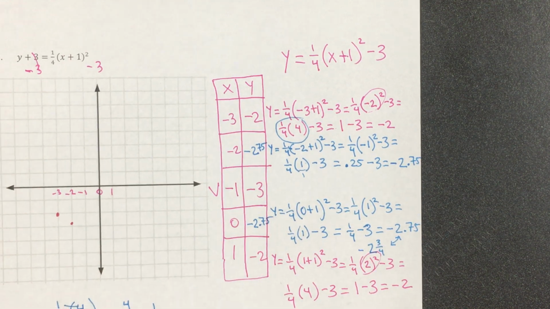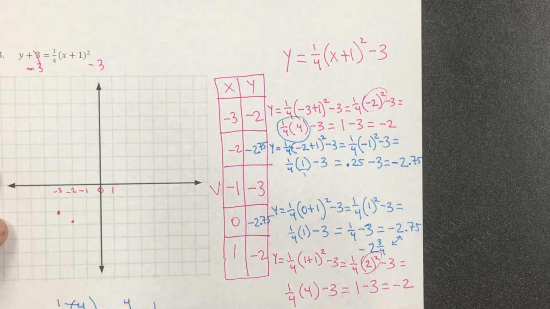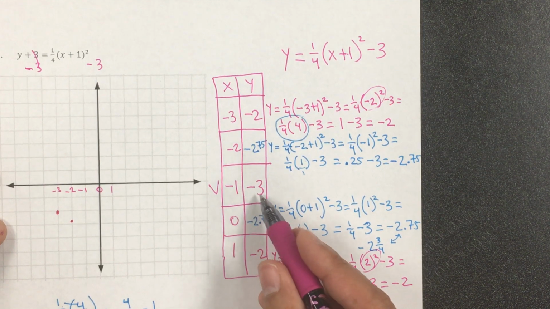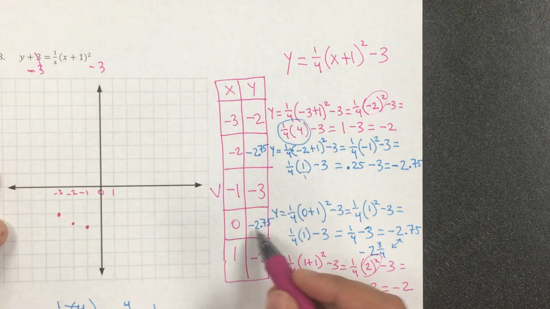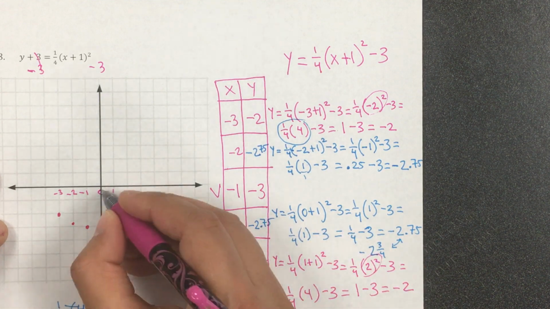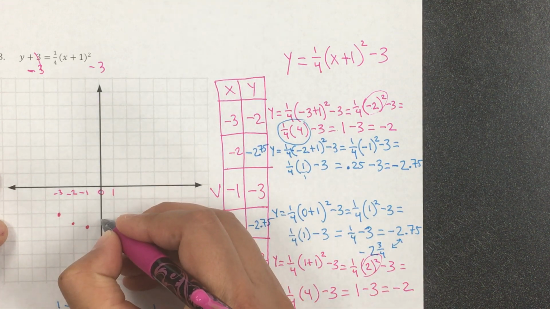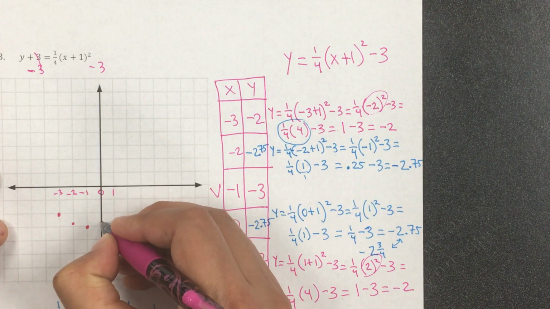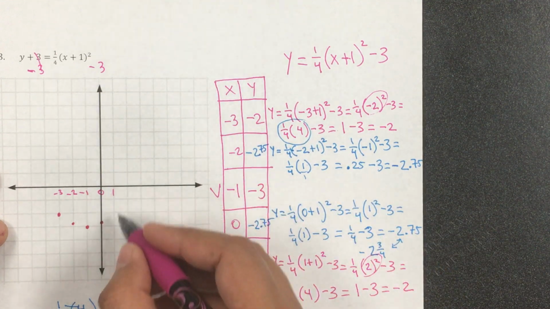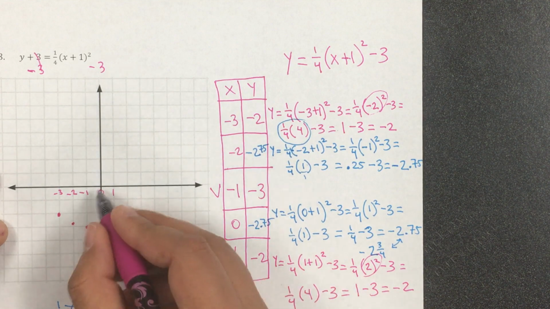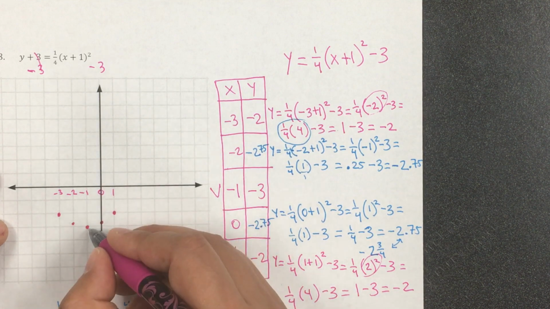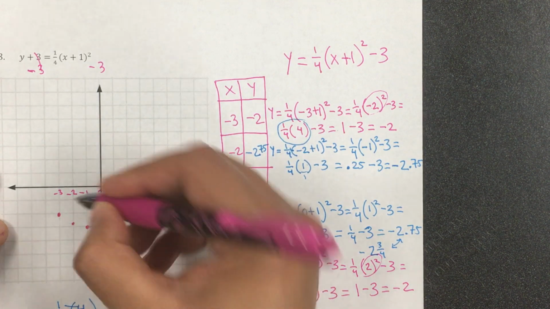The next one is (-1, -3). So (-1, -3). (0, -2.75). And (1, -2). (1, -2). And so that's how you open your parabola.